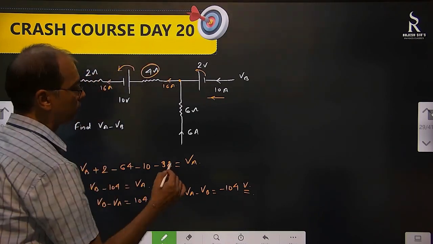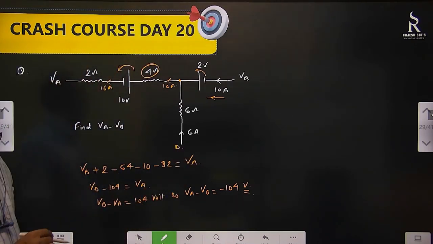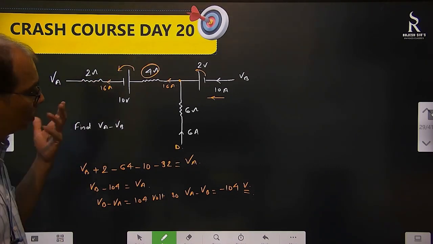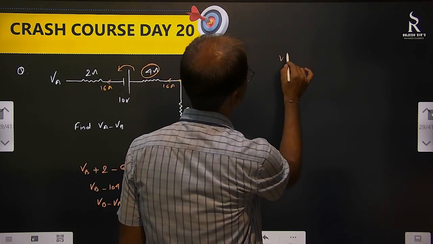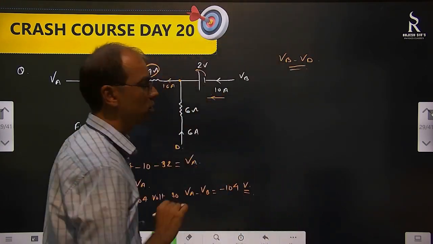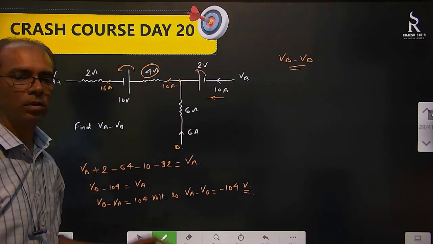If suppose we have to find here also. Suppose this point is D. Okay. And it is asked from us find VB minus VD. Okay, fine. No problem. Find VB minus VD also. Move the same way. We'll come here now. Okay.